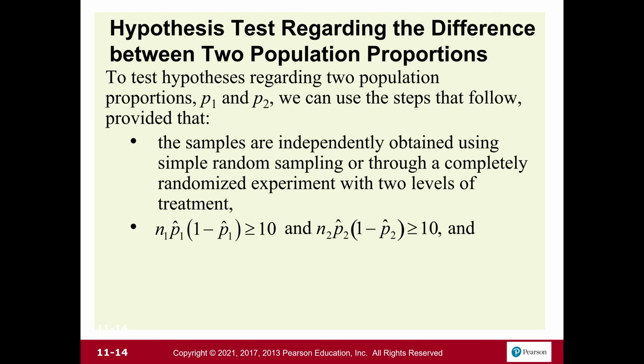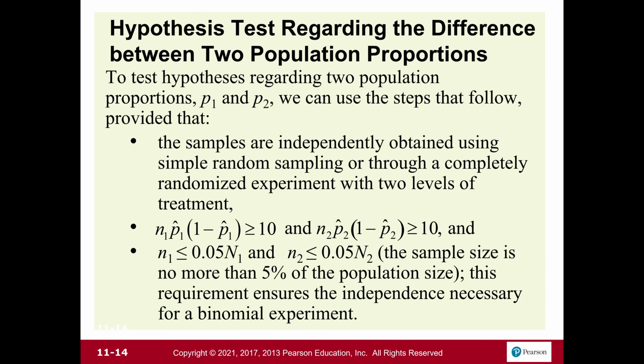Also, we have the stipulation that n1 times p hat 1 times 1 minus p hat 1 is greater than or equal to 10, and the same is true for the second population. And also, the sample size must be less than 5% of the population size that it came from. This requirement ensures the independence necessary for a binomial experiment.